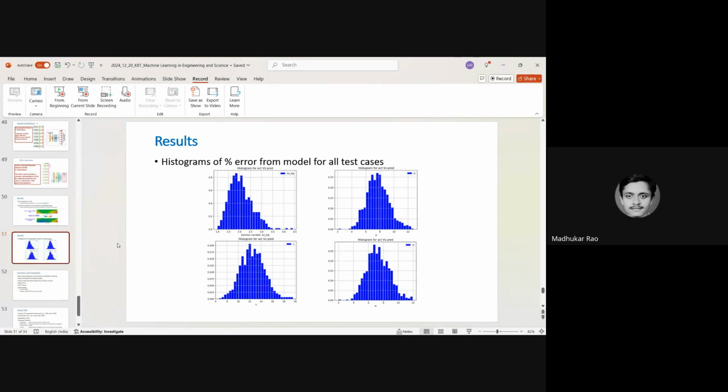This is a typical distribution of the error, the histograms of the errors. You can see it's not quite a Gaussian distribution in most cases. Some of them are quite skewed, at different locations.